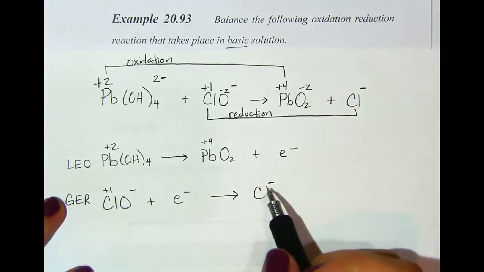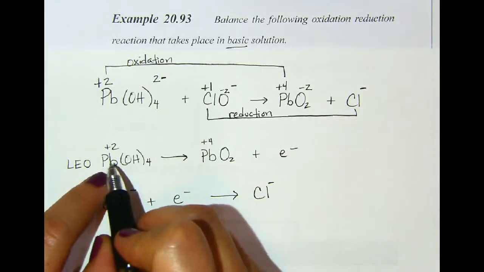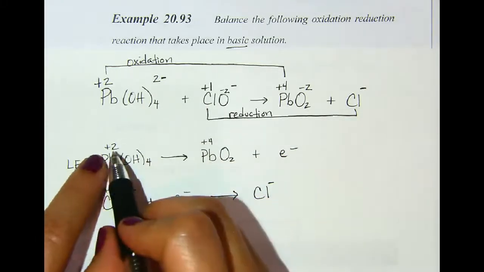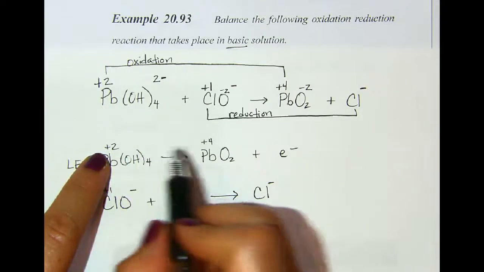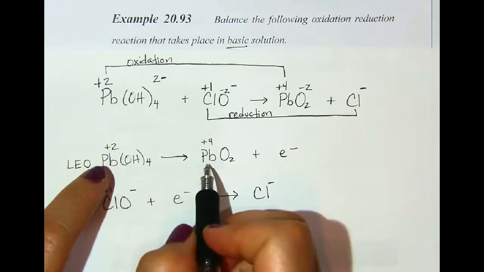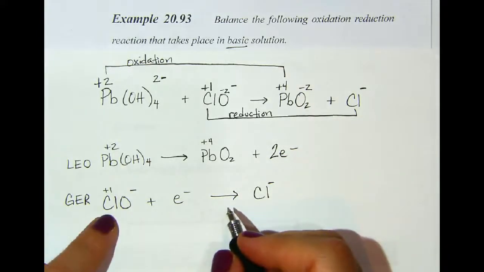Now I need to figure out how many electrons actually transferred in this process. So we have one lead, and the difference between the oxidation states is a difference of 2. 4 and 2 is a difference of 2, times 1 lead equals 2 electrons that were lost.